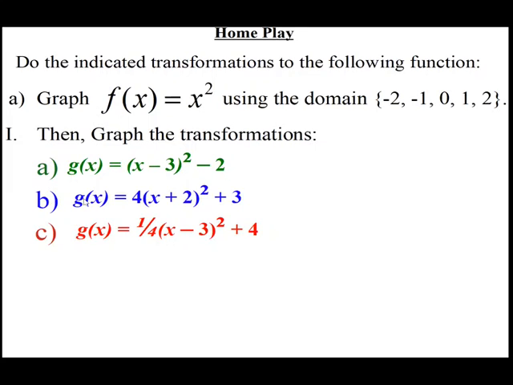Part B in blue, g of x equals 4 times (x plus 2) squared plus 3. Part C in red, g of x equals 1/4 times (x minus 3) squared plus 4.